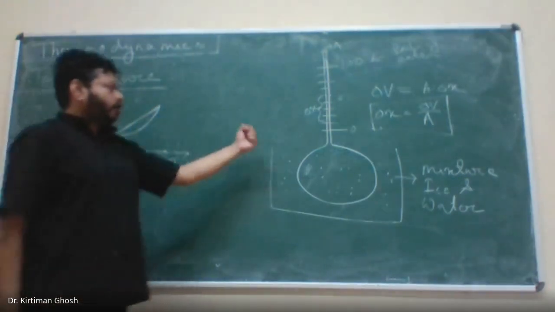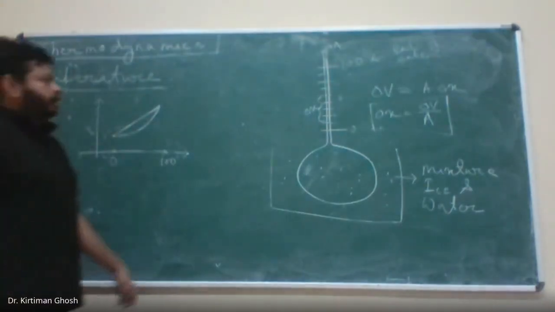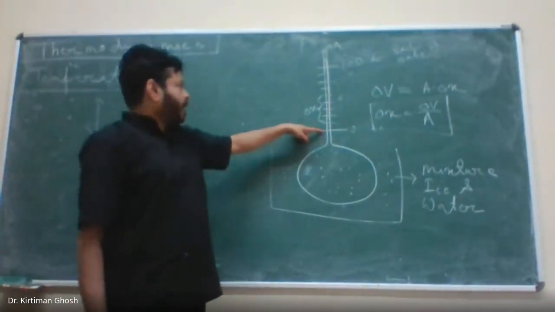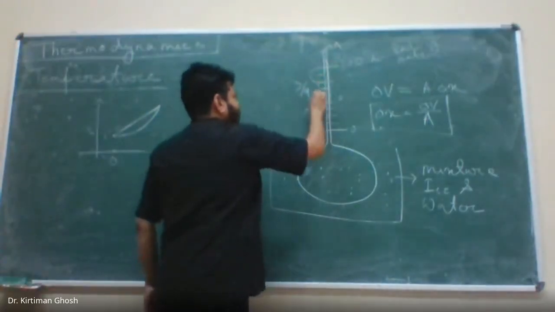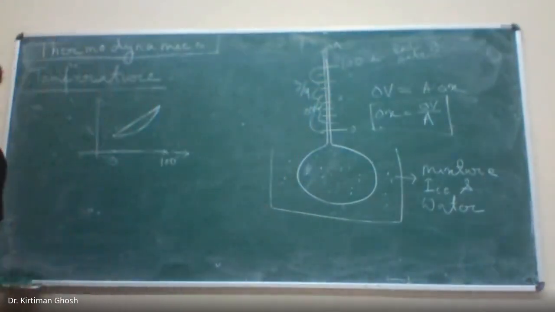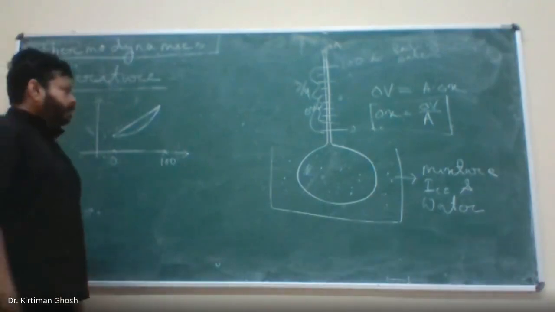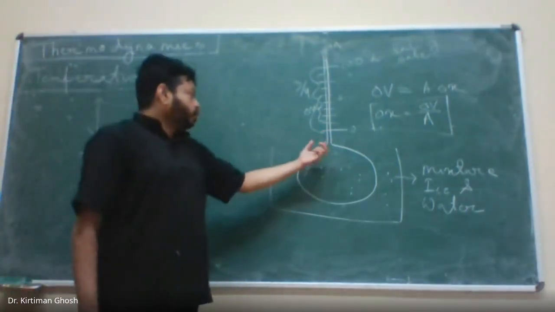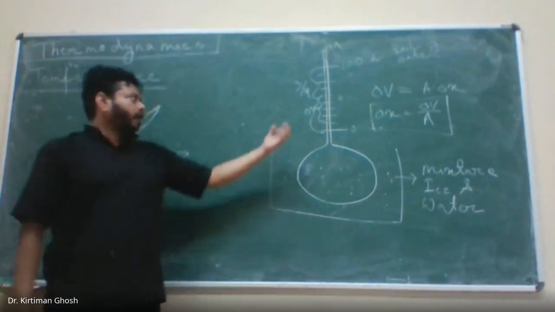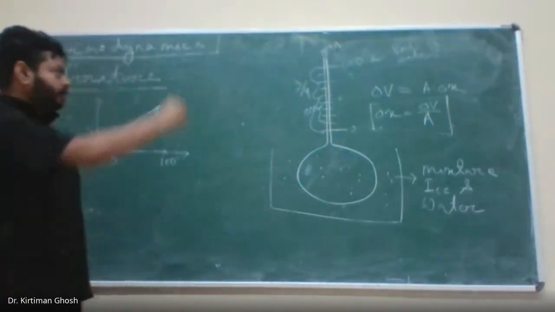Then if I take this thermometer and put it in some other thermodynamic system, and I find that the level of mercury comes to, for example, 3/4 of this length, then I will say that the temperature reading is 75 in my thermometer. But it may happen that with some other liquid, when I put this thermometer into the same object, the reading comes not to 3/4 but to some other value.